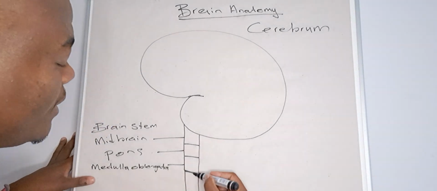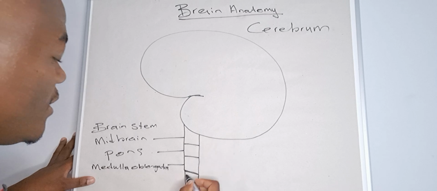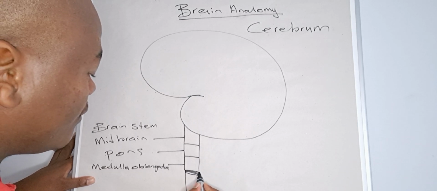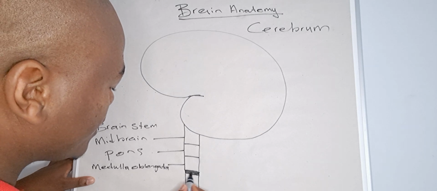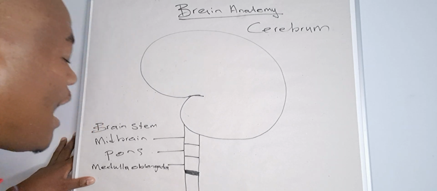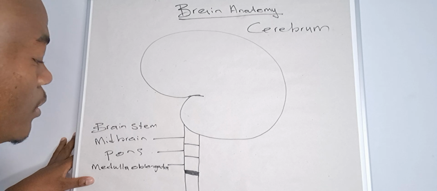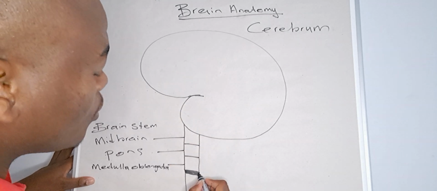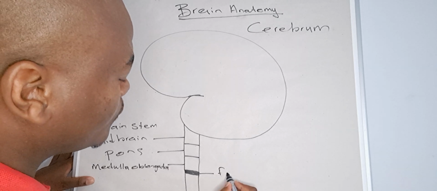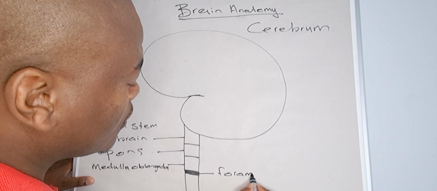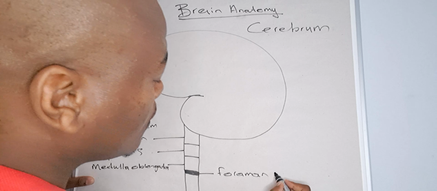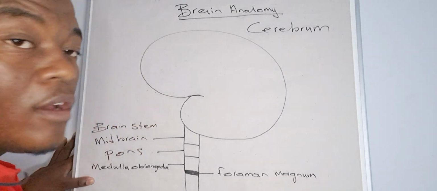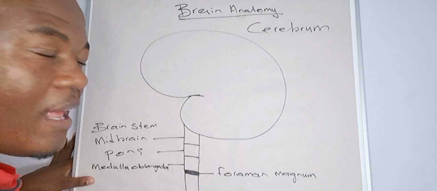But what is the division between a spinal cord and a brainstem? There is a division here. What is the name of this division? It's actually a hole that allows the information of a spinal cord to penetrate through the brainstem. The name of this hole is foramen magnum.